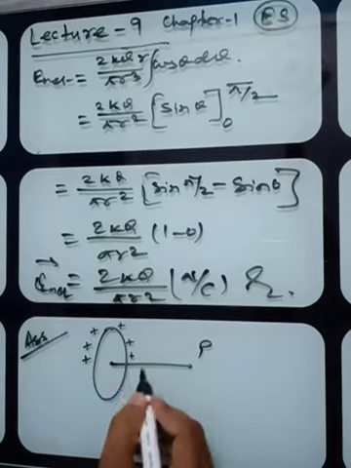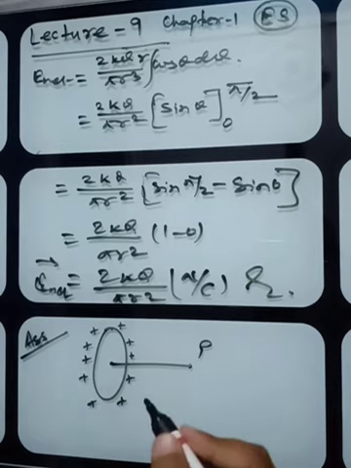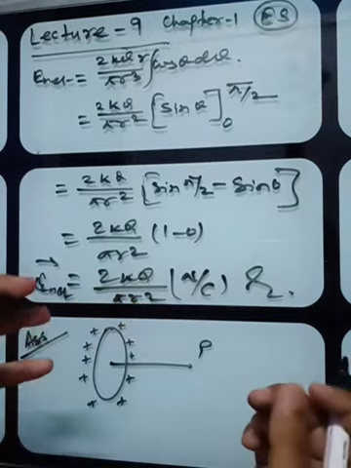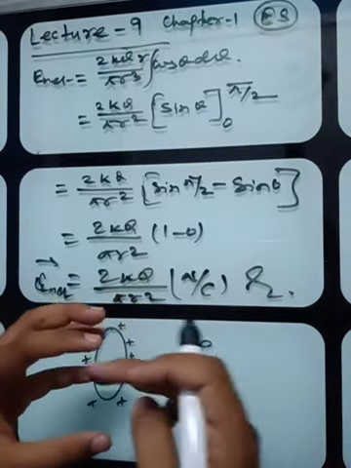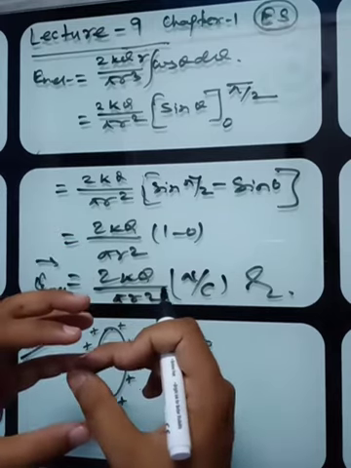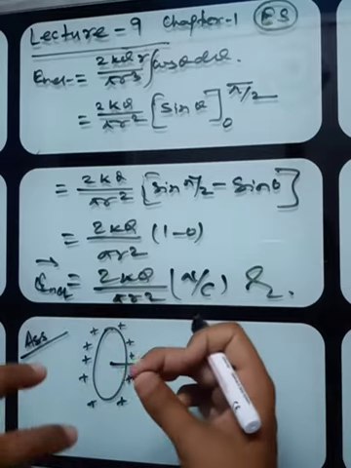What is the orientation of the ring? Students, try to understand this orientation. The ring is not in this way. Actually, the ring is placed in this way. You are getting this view, and from the center, this is the position.